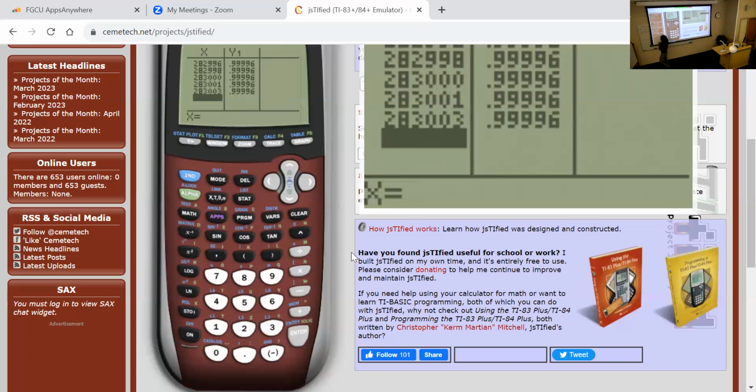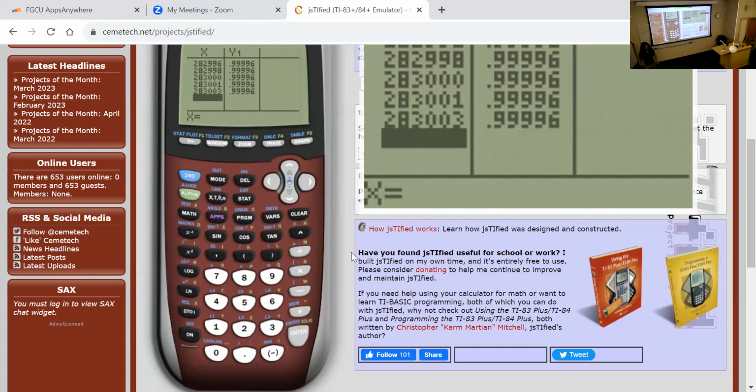So the limit as x approaches 283,000 from the right hand side, that function is 0.9996. When you approach it from the left hand side, it is 0.9996.